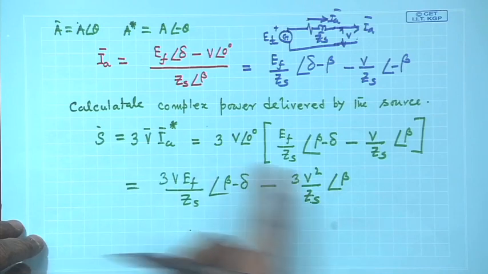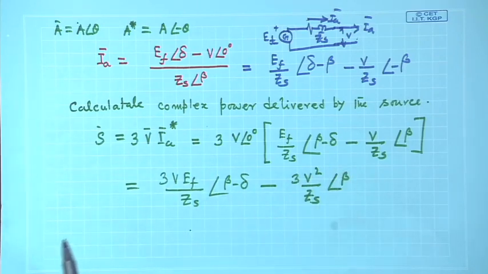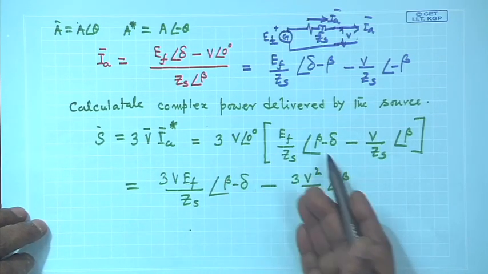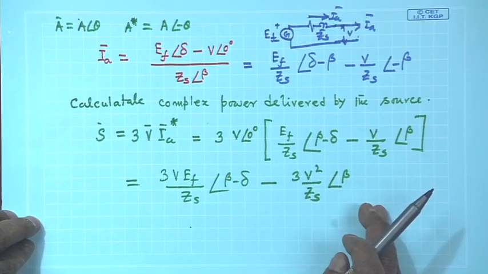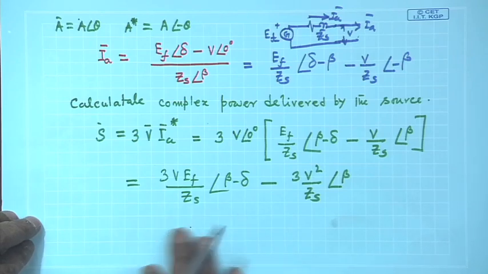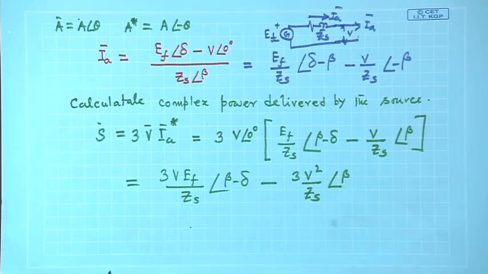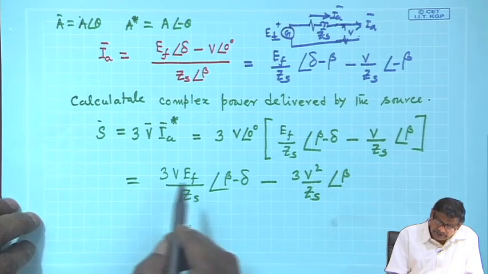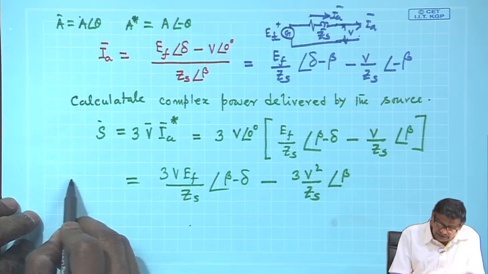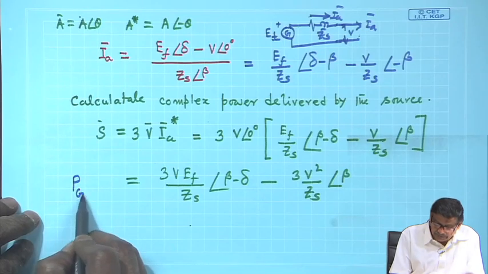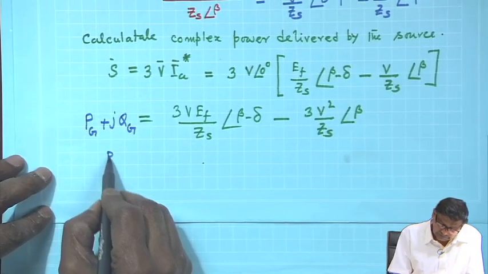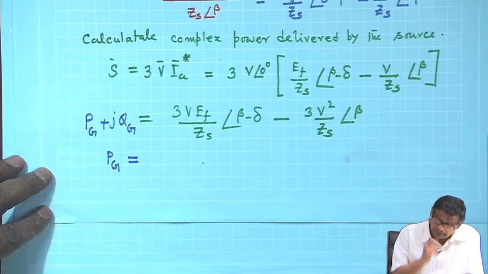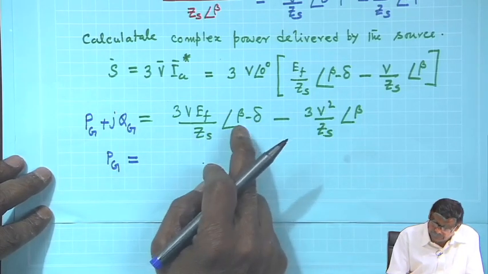And once you get that, the complex power delivered by the source is 3 V I star. We just did some complex algebra here to get this. Okay. Now, this of course, will be a complex number, and the real power, if you write like this, the power delivered by the generator, real and reactive power, I will say that Pg, real power delivered will be the real part of this.